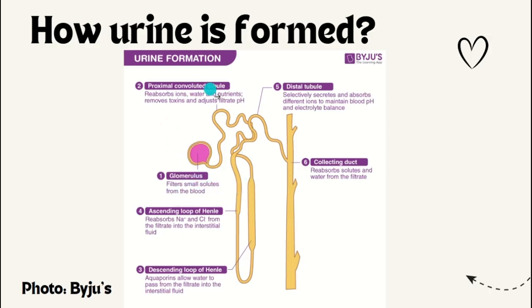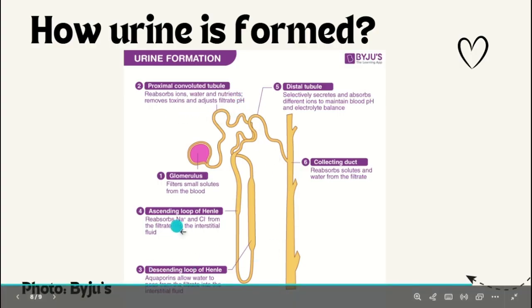Filter out the small solutes, then reabsorb the ions, water, nutrients, remove the toxins, adjust the filtrate pH. Then third, you have the descending loop of Henle, right? So in the descending loop of Henle, aquaporins allow water to pass from the filtrate into the interstitial fluid, right?